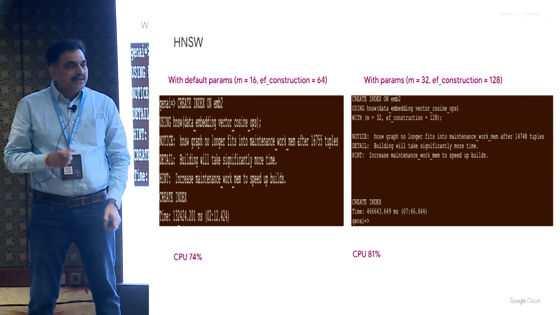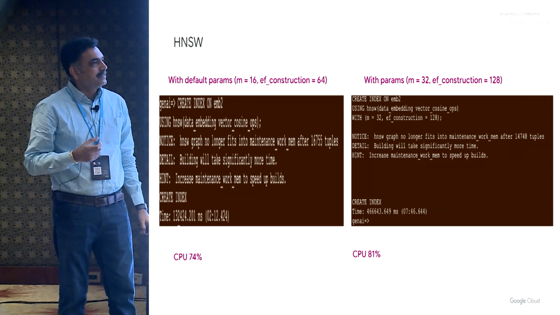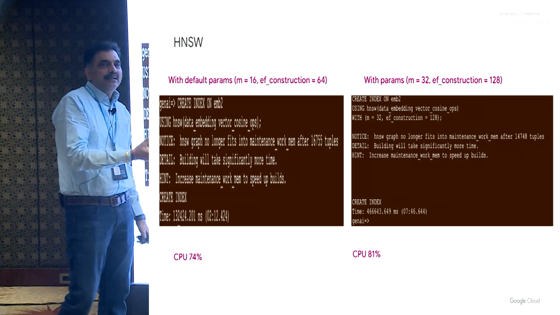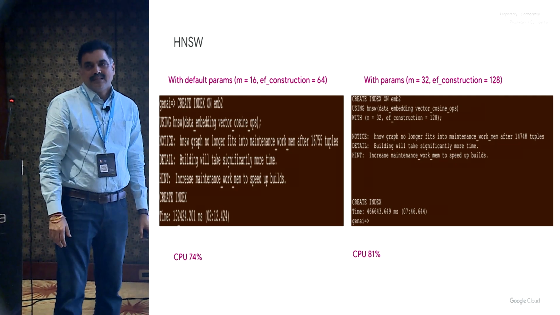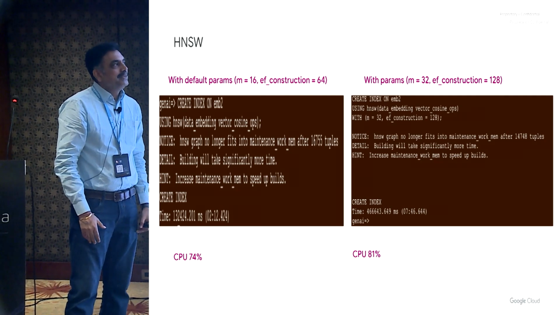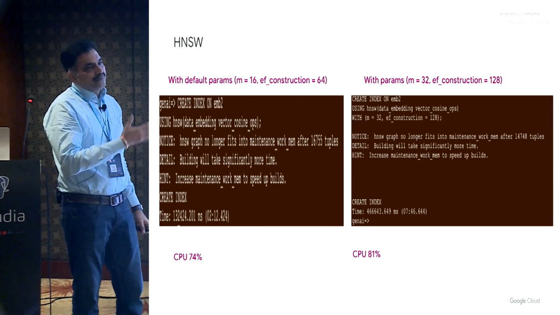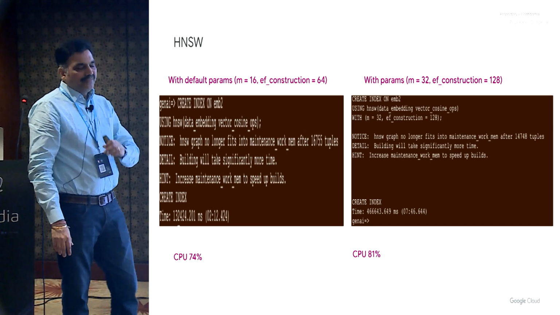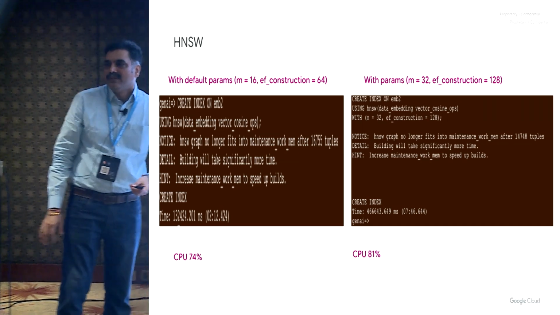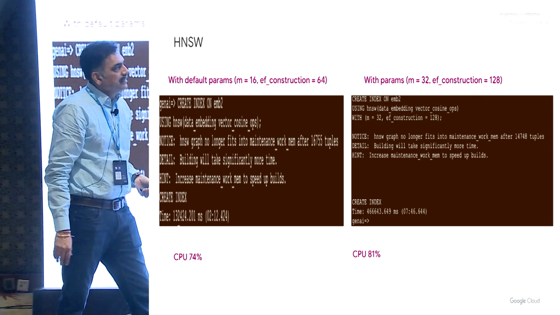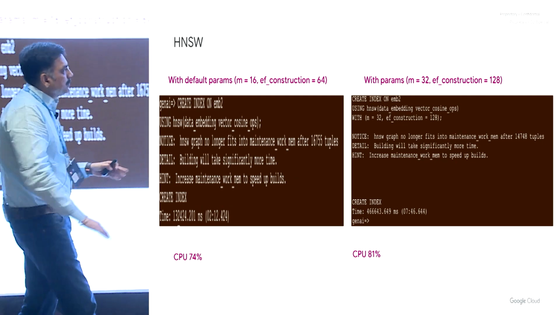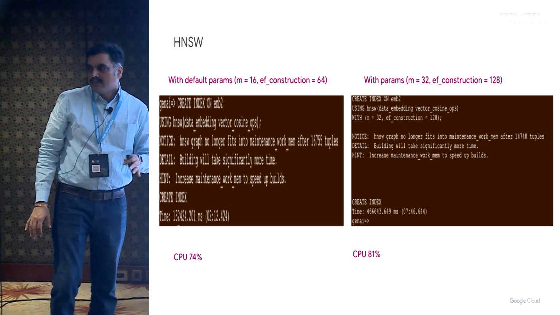So choose these wisely, because sometimes you have to balance accuracy against memory required as well as time to build the index. If I want the best values, I cannot go with higher M values. We have certain guidance on what values to use for M and EF construction. I can share those with you towards the end of the slides. So it's not linear, it grows exponentially.